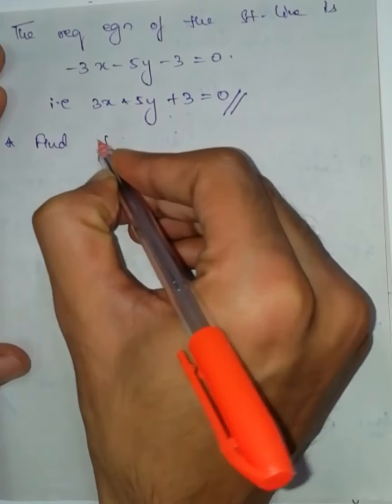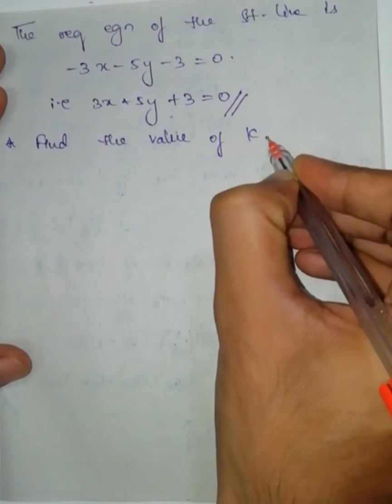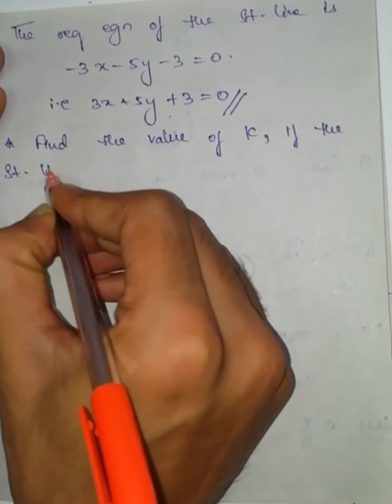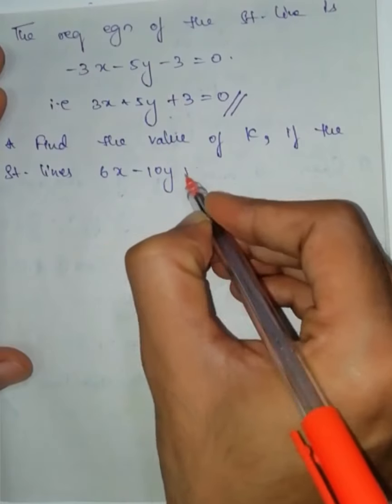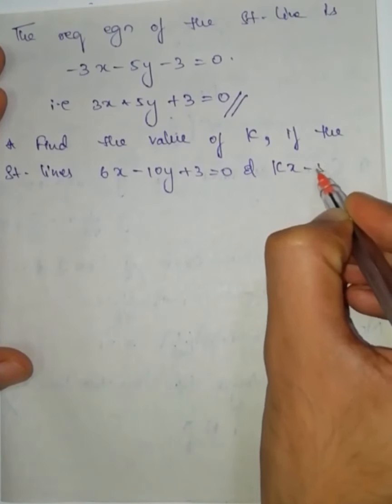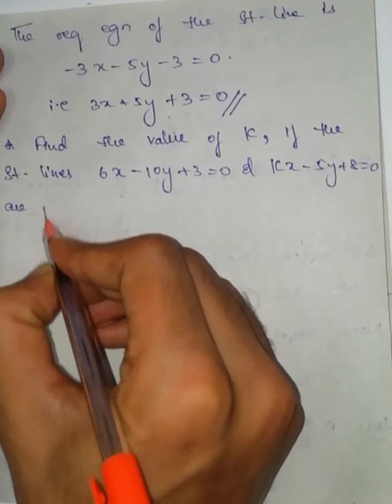Find the value of k if the straight lines 6x - 10y + 3 = 0 and kx - 5y + 8 = 0 are parallel.